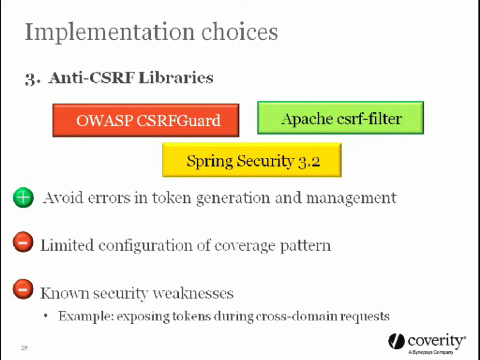And they also have known security weaknesses. One example is that they expose tokens. The token is added to forms to your website, but also to forms that are submitted to other websites. So in the off chance that your form's being submitted somewhere that you don't want the person to know your anti-CSRF token, that's possibly a security vulnerability.